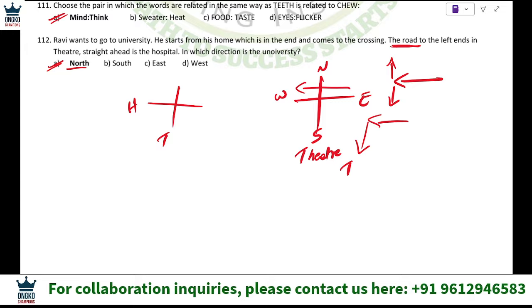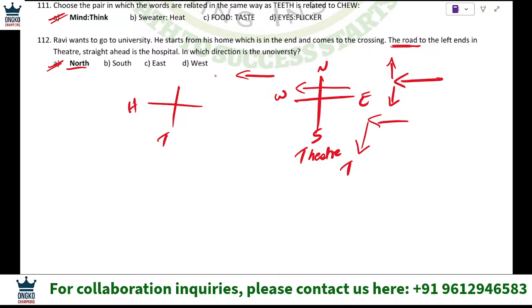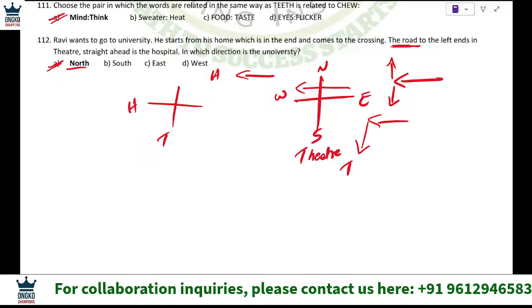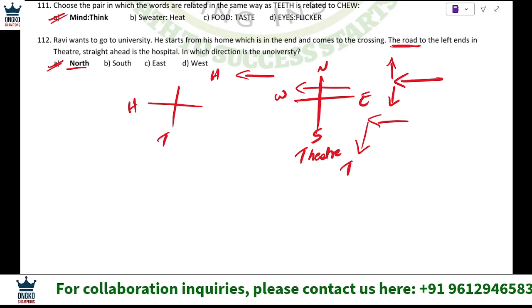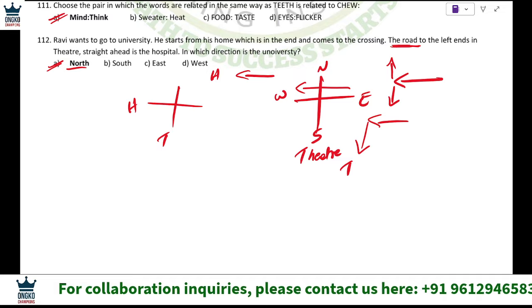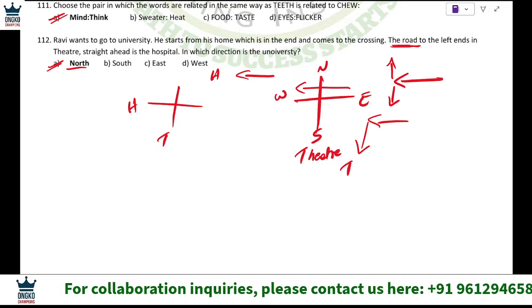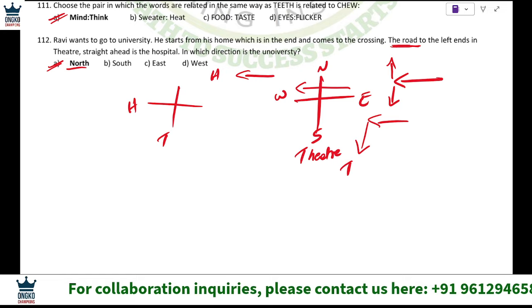The road straight ahead of him is the hospital, so the hospital is to the west. Next we determine the direction of the university. The theater is to the south, the university starts from the east, and then the hospital is west.